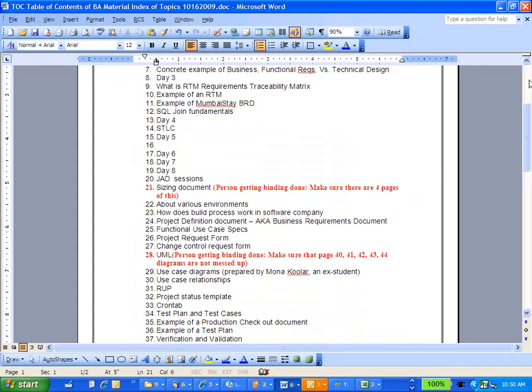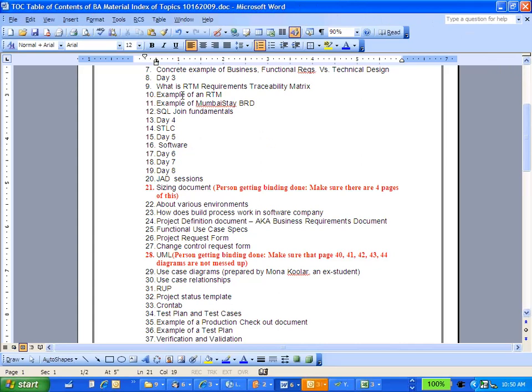Oh, after day... no, I'm putting it here. I want it to be in the right place. So, software estimation worksheet. That's what it is. You can write on top of it, it's a software estimation worksheet. Oh, it is here.